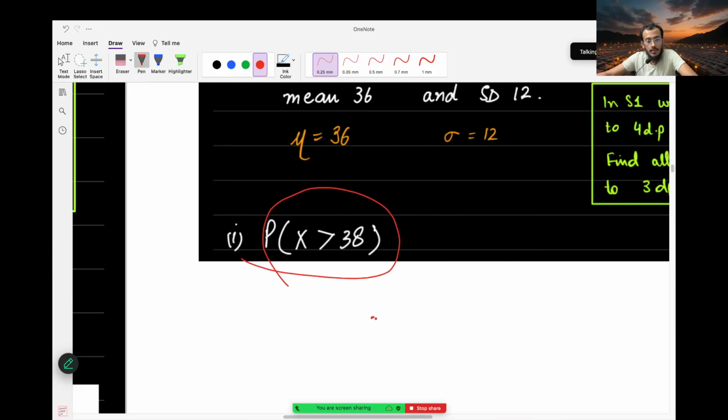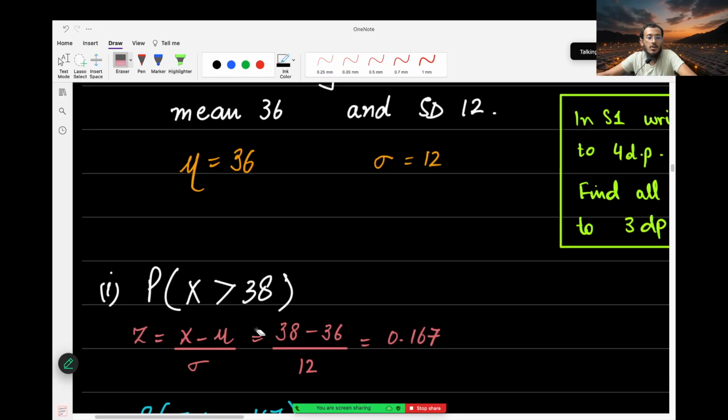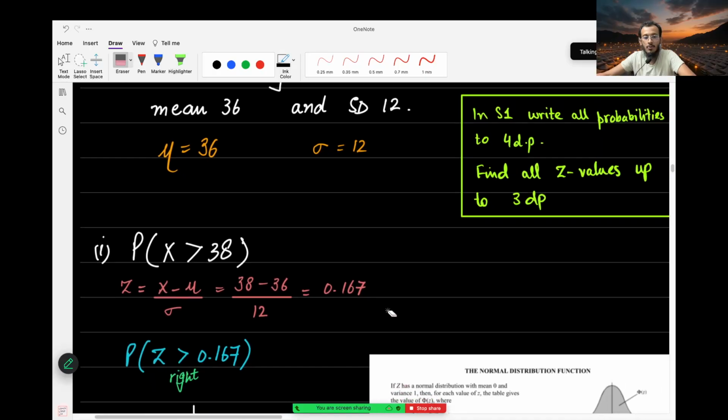We know that z equals x minus mu over standard deviation. So you convert it to z. This is the value of x, so put it here. Mu is given, standard deviation is given. You find the value of z to 3 decimal places. Did you understand up until this point?